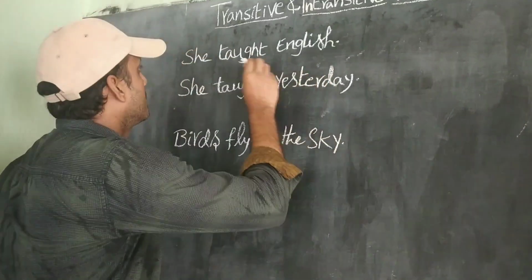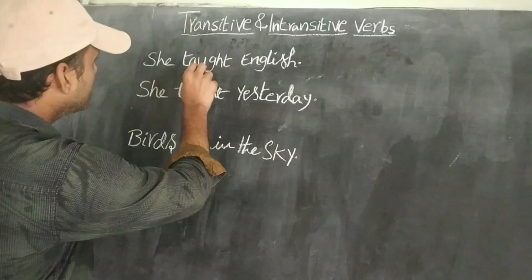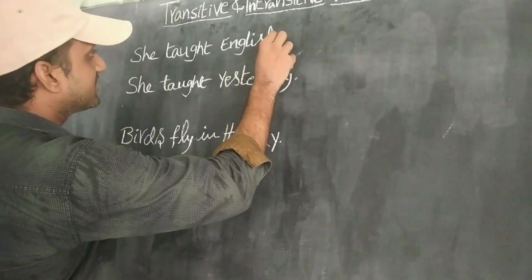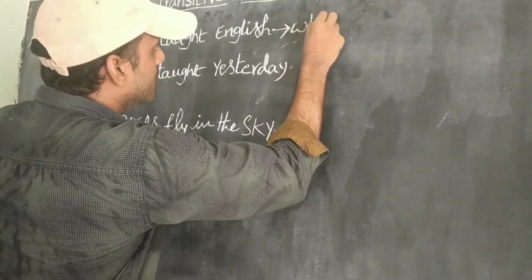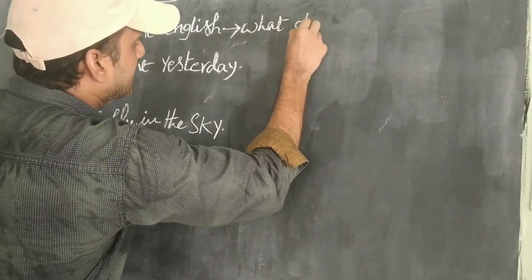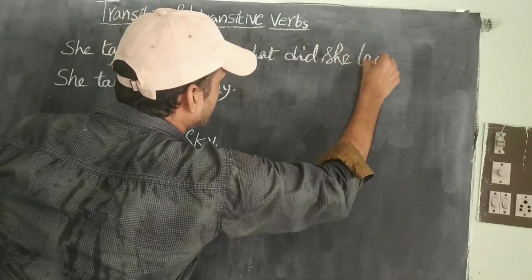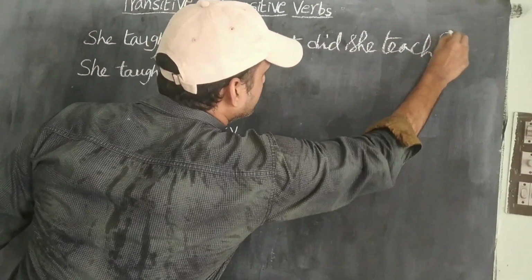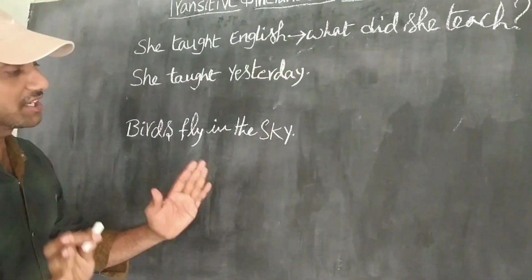Okay? Now, she taught English. What did she teach? We have to change this sentence into question form, like what did she teach? By seeing this example, you have to observe carefully.